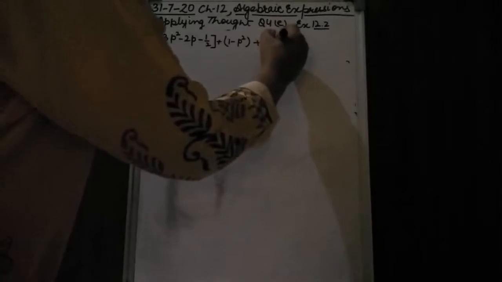It says 3p square minus 2p minus 1 by 2 plus bracket 1 minus p square bracket close plus bracket starts p square plus 6p bracket close plus 2p minus 5 by 2.